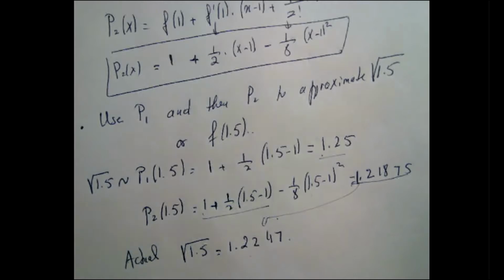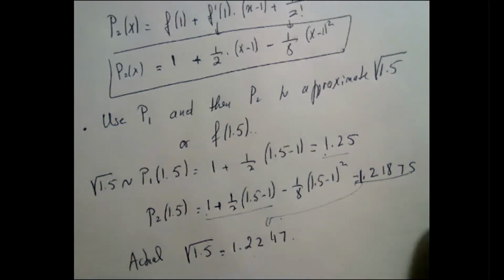Now let us move on. What if I take the third degree and the fourth degree? For this problem, I'm going to do also the third and the fourth so we can have a good idea how to compute them. So my question now is the following.